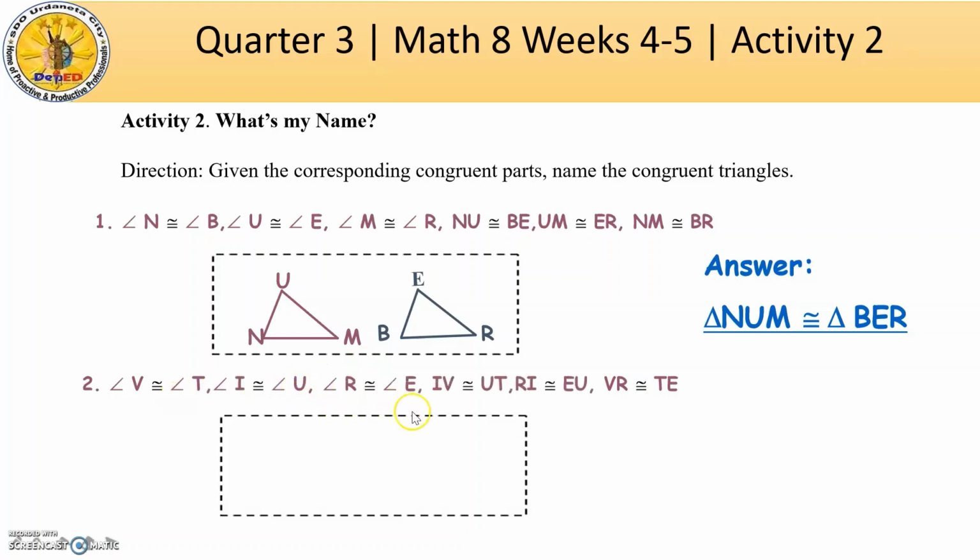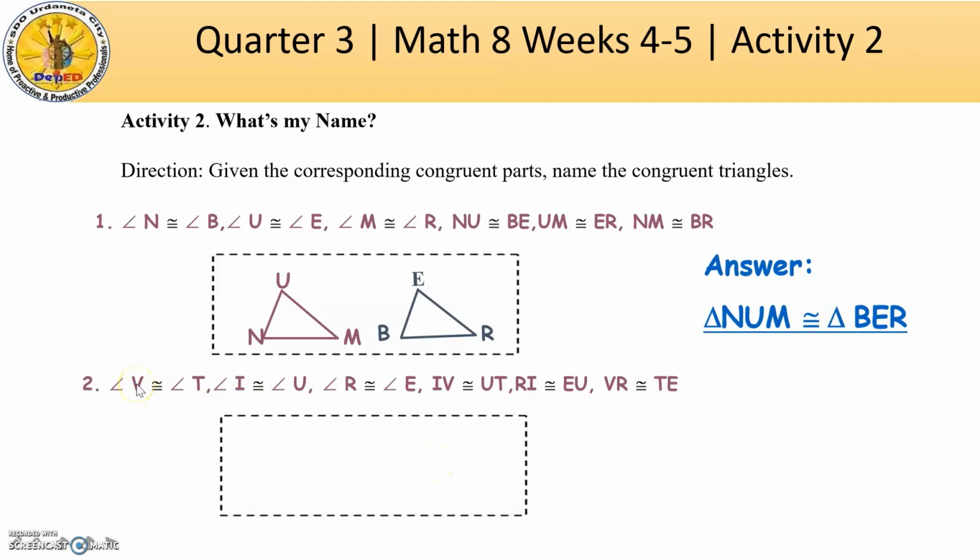So we're going to do the same process in number 2. Angle B is congruent to angle P, angle I is congruent to angle U, and angle R is congruent to angle E. Regarding sides, side IB is congruent to side UP, RI is congruent to EU, and side VR is congruent to TE.